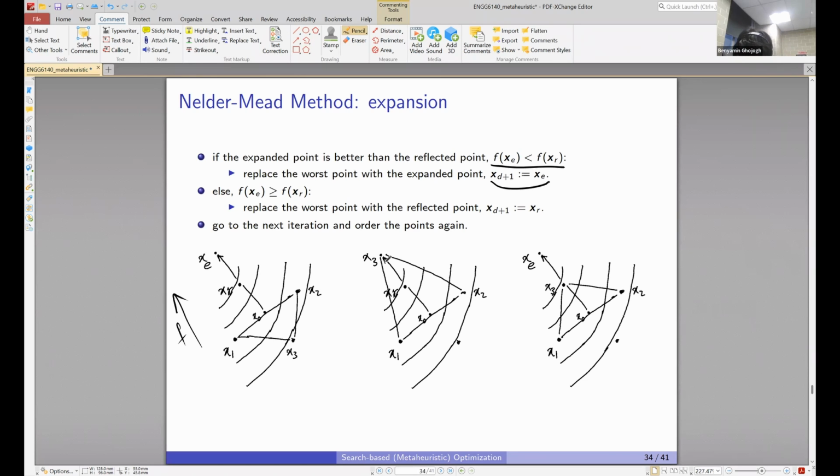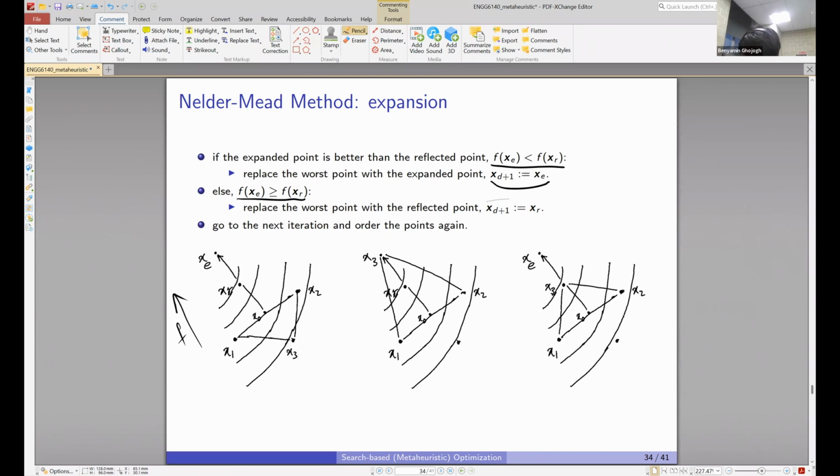However, if xe, the expanded point, is not better than the reflected point, what does it mean? It means that here we have some local minimum that is better than this expanded point, and also better than these corners. So let's replace the worst point with the reflected point. Don't go further than that.